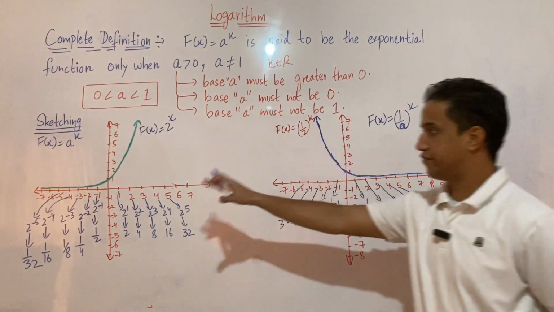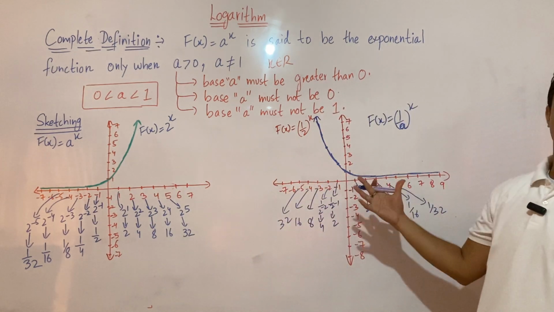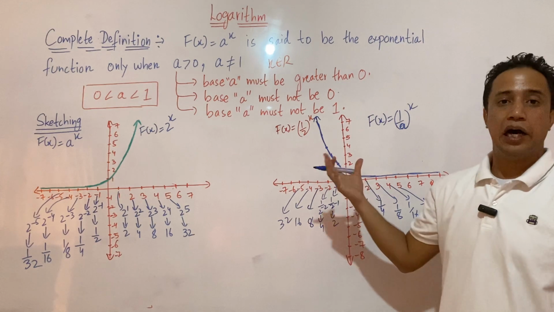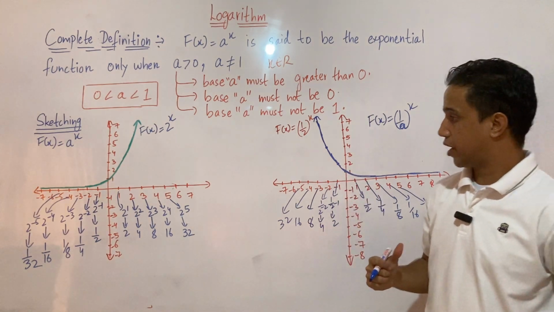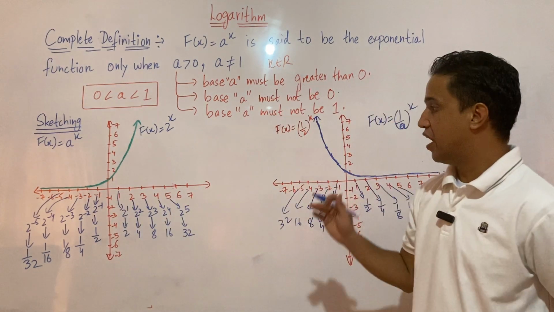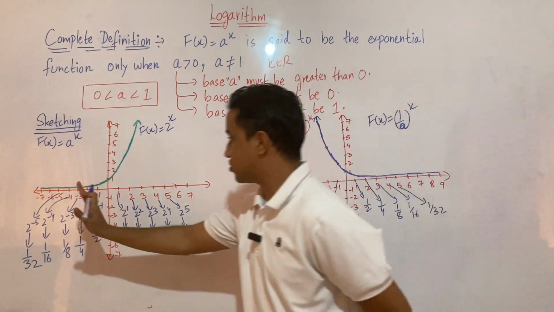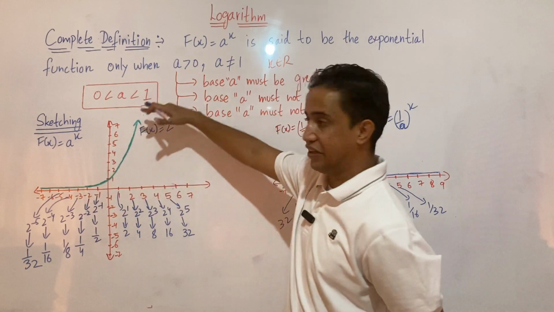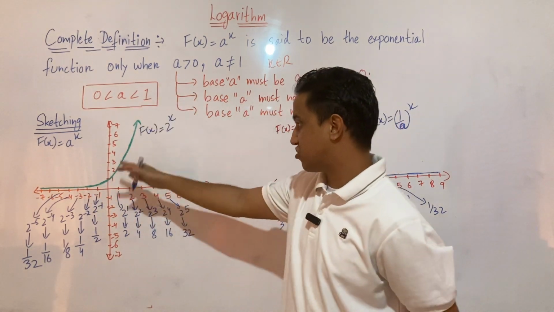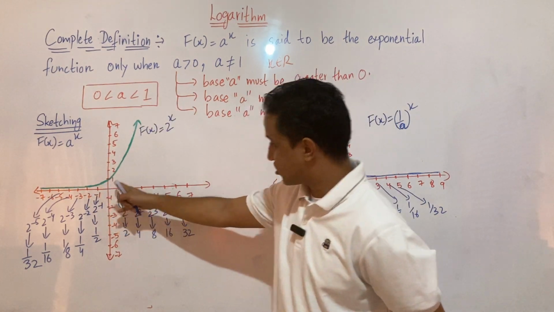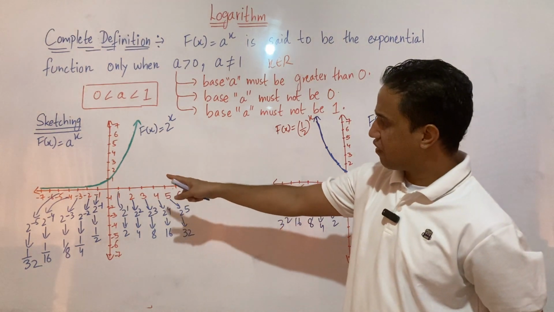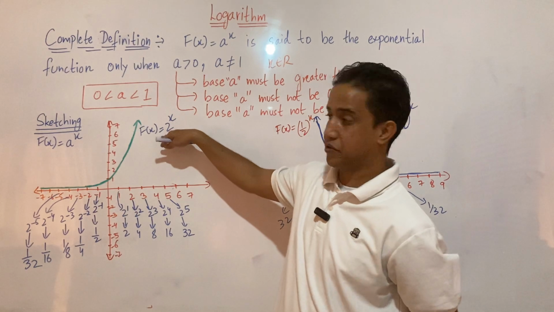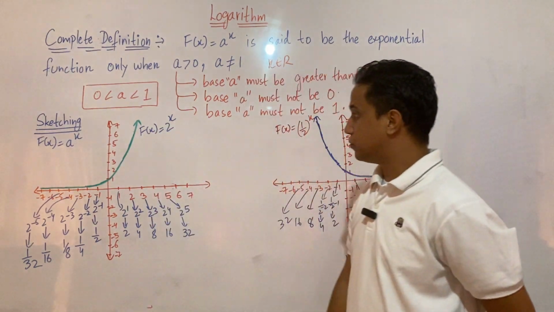Now we have to compare these two graphs and see what we can get out of both of them. Okay, so if you look at this graph, you can see here, as the value of x increases, y increases too, and at some point after 1, this is going to just skyrocket, right?